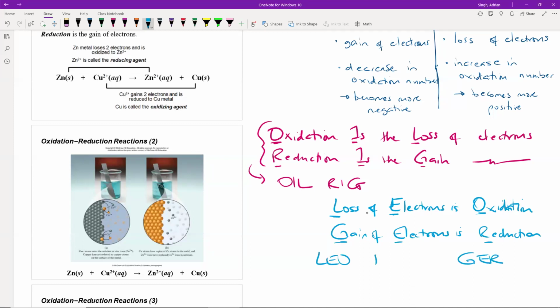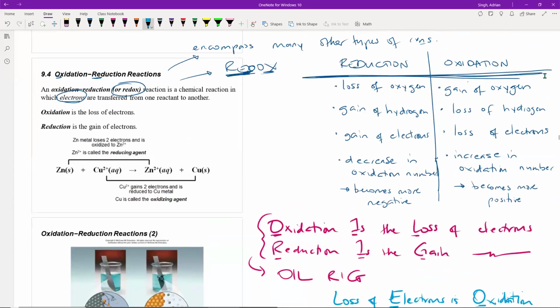So Leo, just insert your favorite fierce animal. We'll say Leo the lion goes GER. However, you can make up your own, doesn't really matter to me. Whether you use oil rig, Leo the lion goes GER, or you just remember the table that we have here, it's key that we know the differences between them.